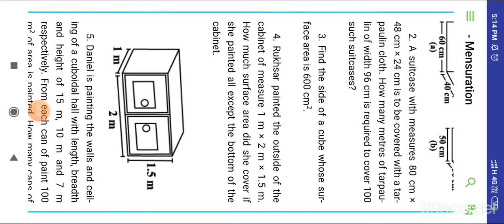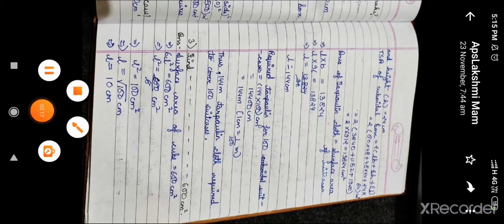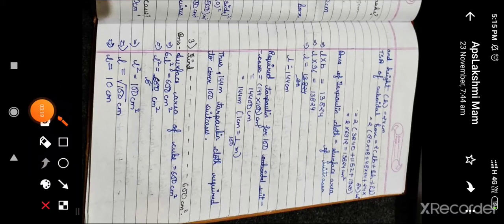Third question is: find the side of a cube whose surface area is 600 centimeter square. It is given in the question that surface area of the cube is 600 centimeter square and we have to find out its side. As we all know, surface area of the cube is 6 multiplied by side square, and it is equal to 600 centimeter square.